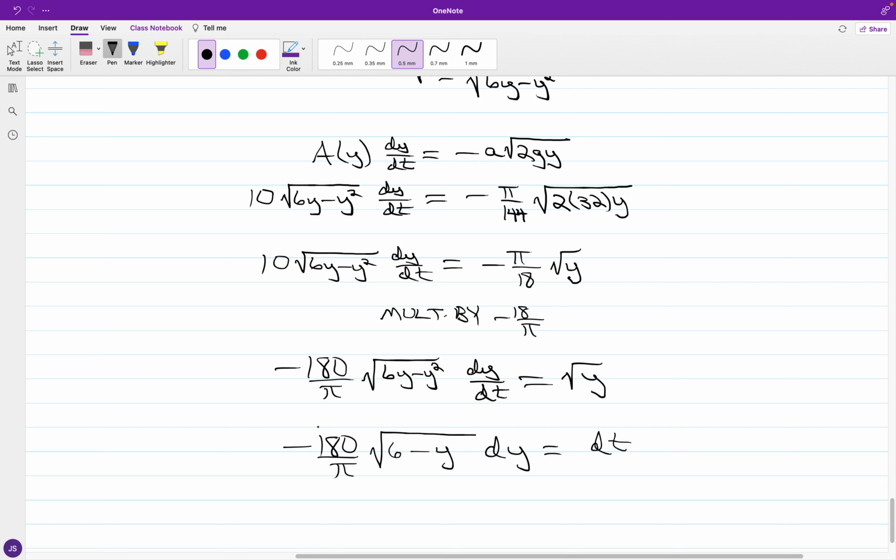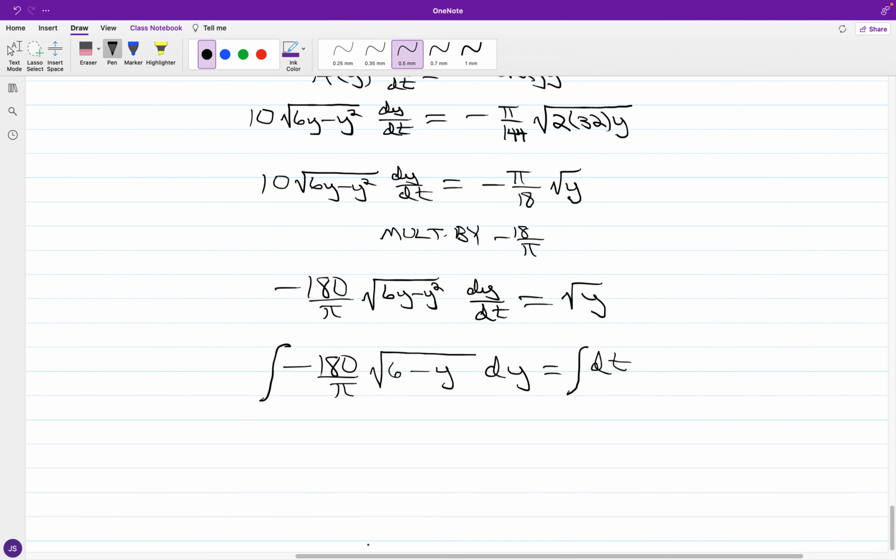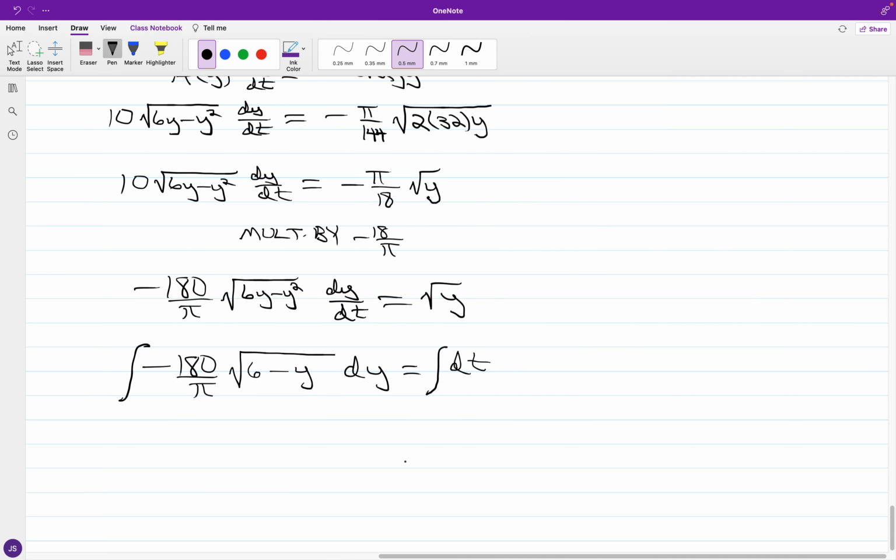And upon separating, we can integrate. So we have negative 180 over pi times the integral.